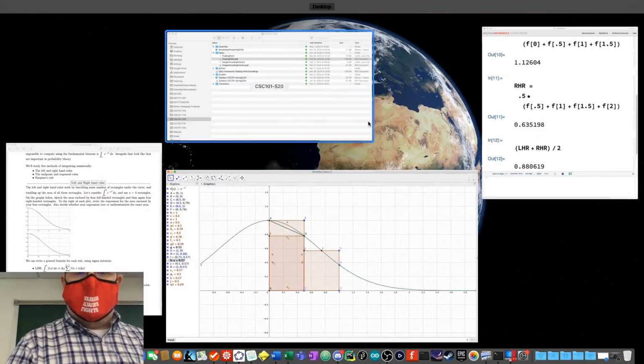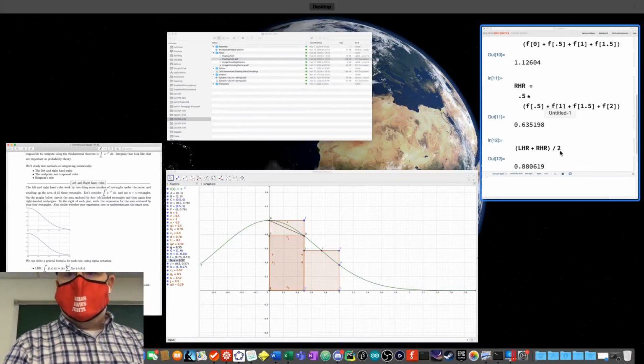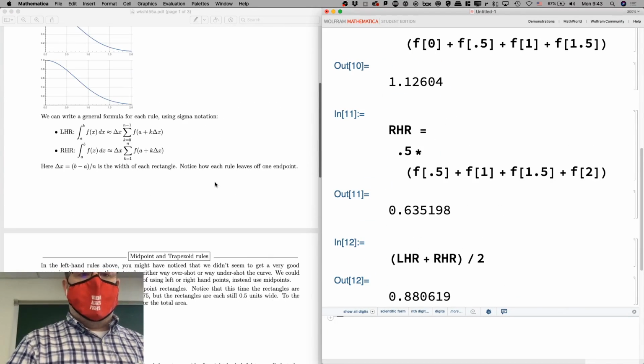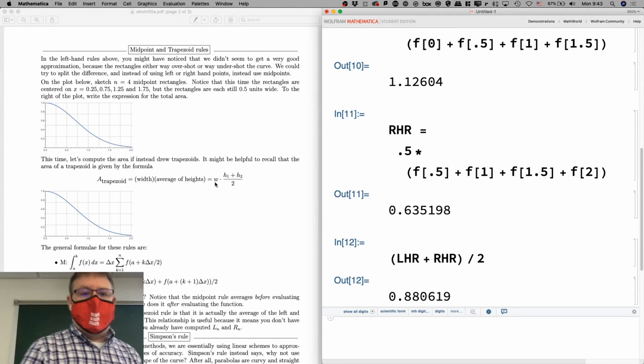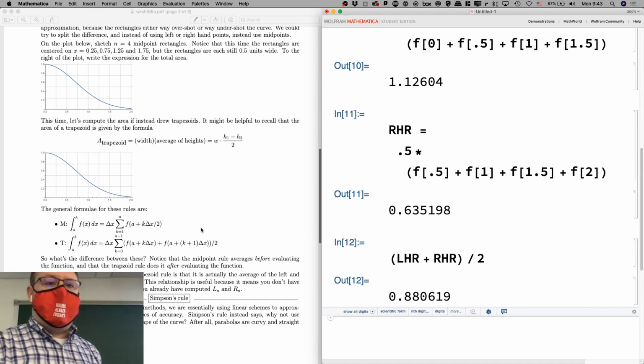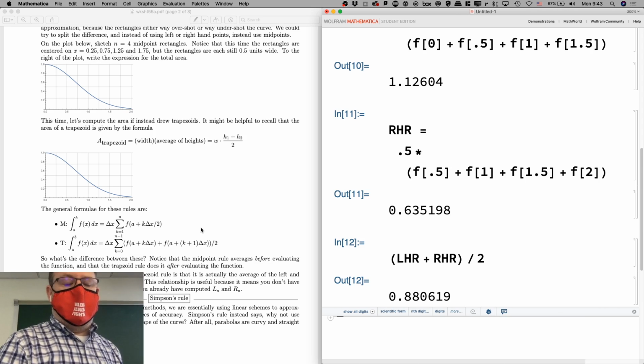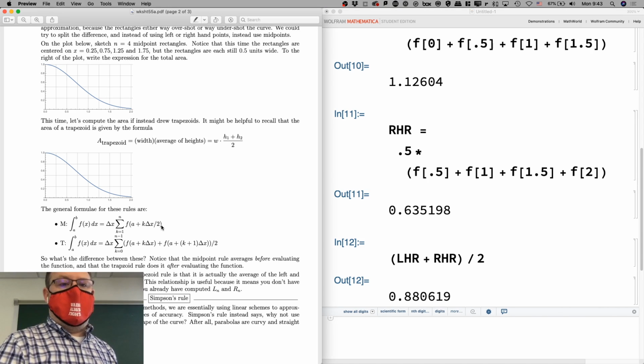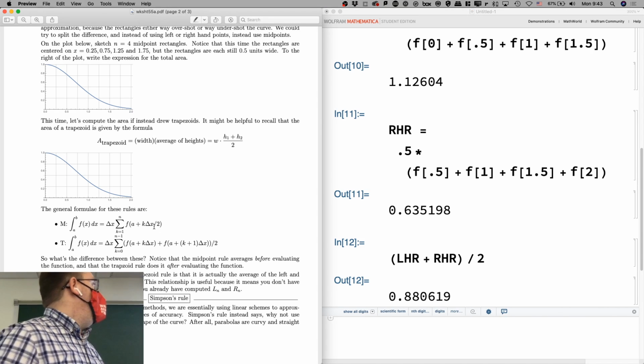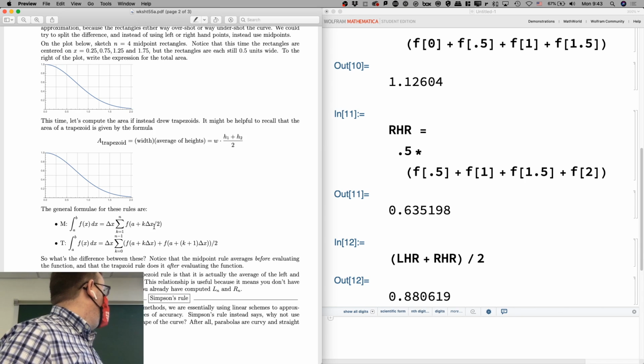So let me go back to here and here. Okay. So let's go over to this other sheet. Here's the sigma notation formulas for the midpoint rule and the trapezoid rule. Okay, so notice what's happening with the midpoint rule. And I just realized there's an error there. This formula right there is wrong. I'll fix that.